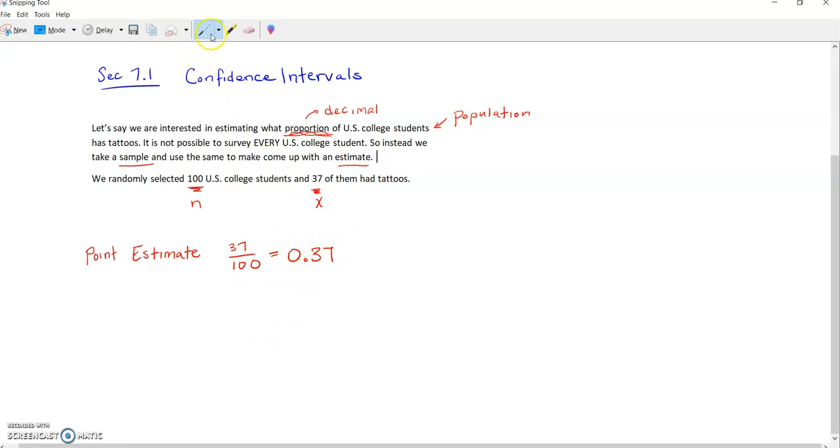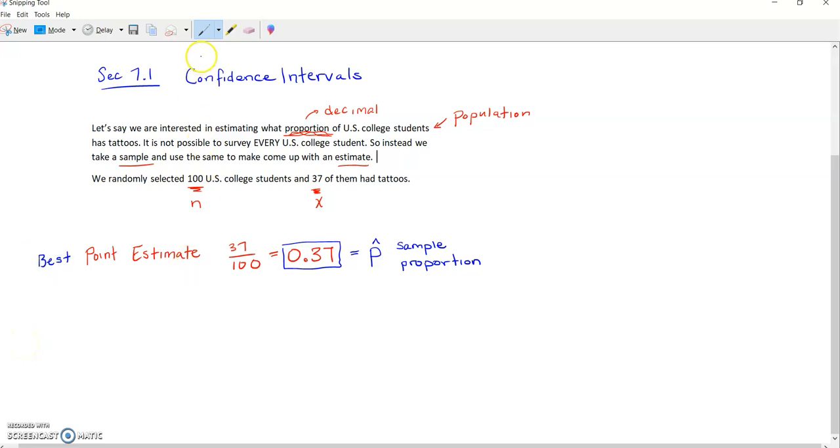That would be my one guess. This number is called P hat. It's the sample proportion. Imagine you're playing a Price is Right game and you were only allowed to guess one number. That would be the best number for you to guess. We would call it the best point estimate.